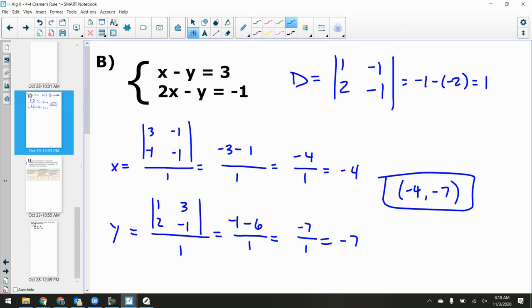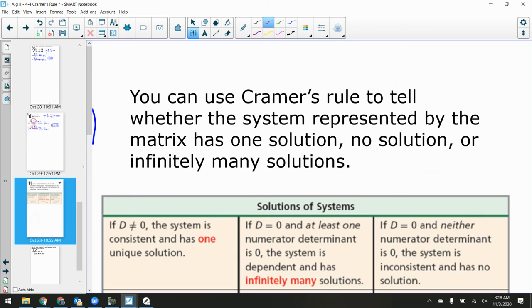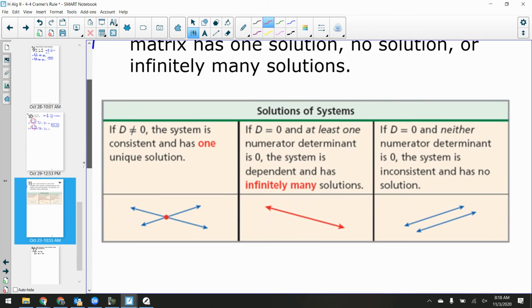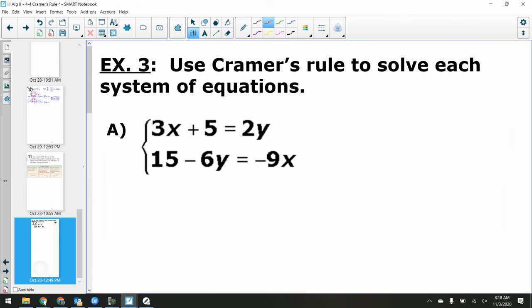So when I go to solve my x and y, if either one of those numerators turned out to be 0, then it would be infinite solutions. If neither numerator determinant is 0, then it's a parallel line, so it's no solution. So again, when you get big D to be 0, it's a special case.